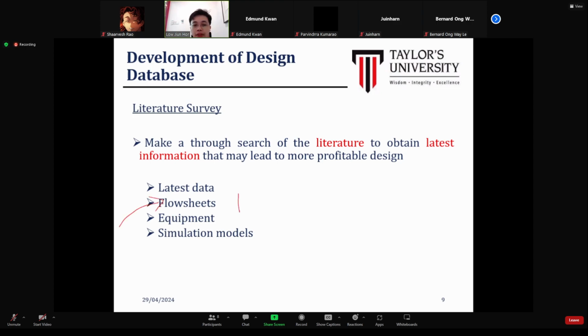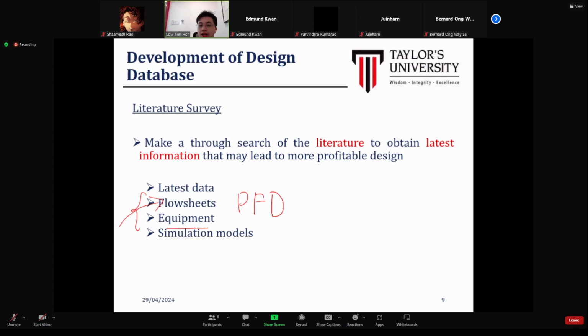Flow sheet means the process flow diagram that is currently used by industry or academia to produce the relevant product. Based on the process flow diagram, we can also identify all the equipment or unit operations required in the process that you are going to apply. So this is also considered part of our literature review, to collect the relevant information before we are ready to come up with our own design.